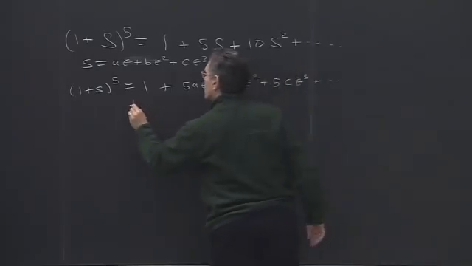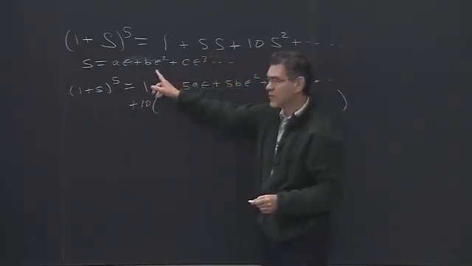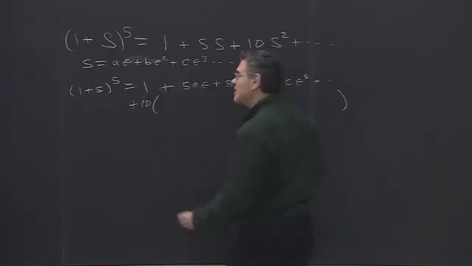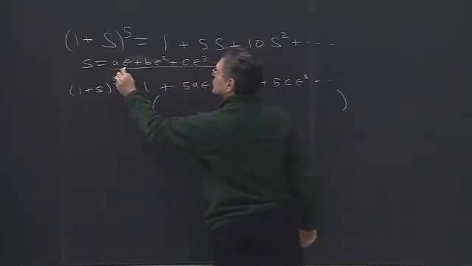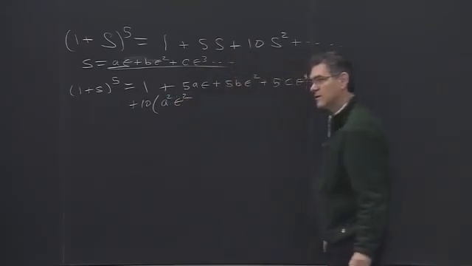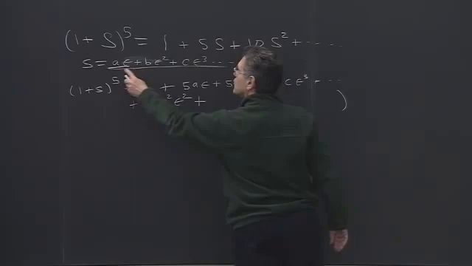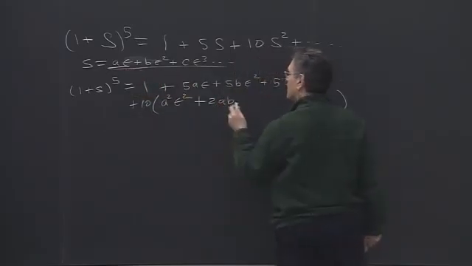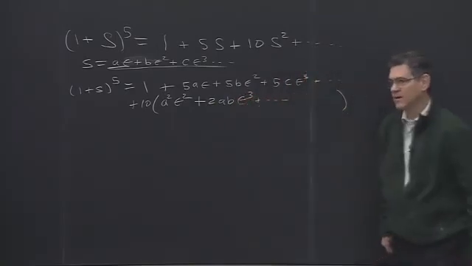And then we have plus 10 times the square of that. If you square that, first we square this term, and you get A squared epsilon squared. And then you get 2AB epsilon cubed, and more terms, and I'm tired already.